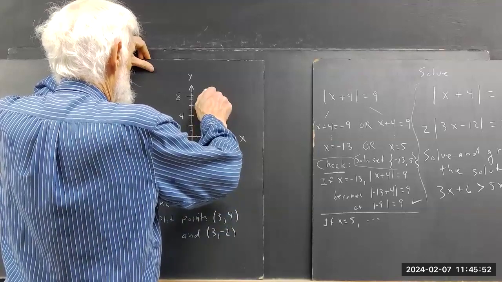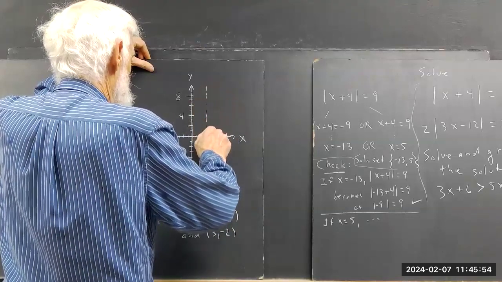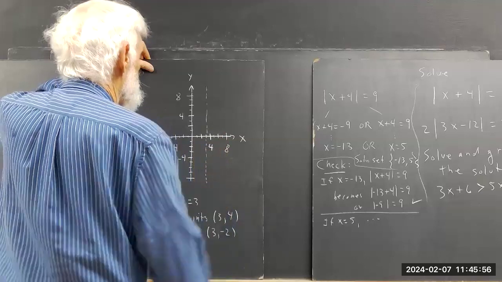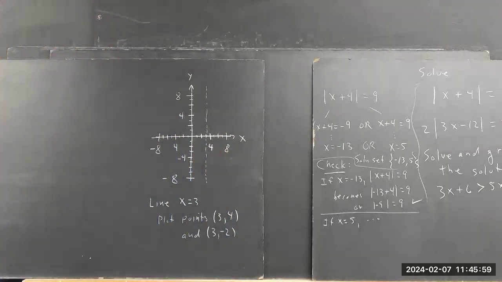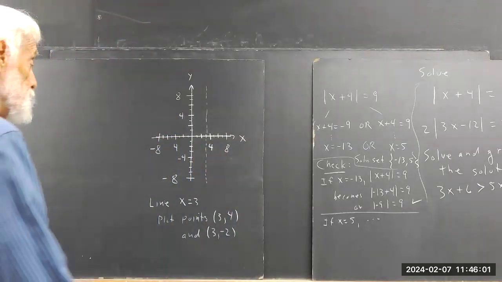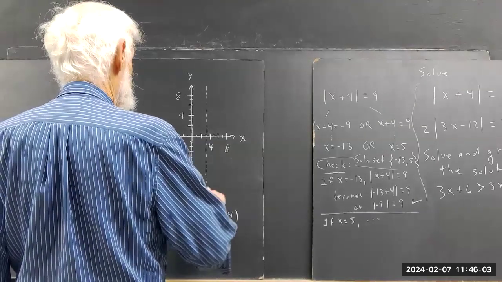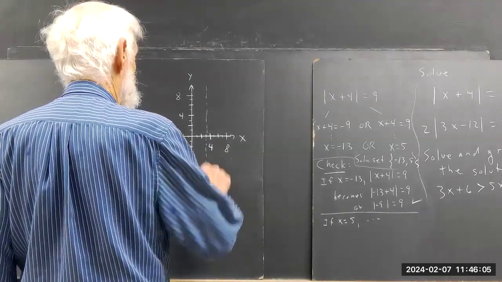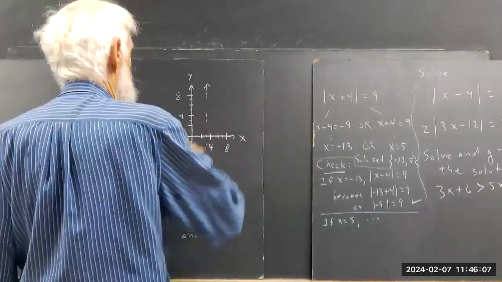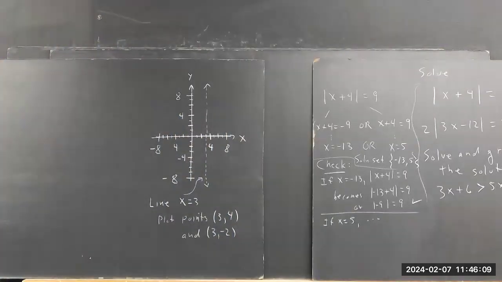Any point on this line has x coordinate 3, right? So this is the line x equals 3 right here. I use a dotted line, but if you use a solid line, that's okay.